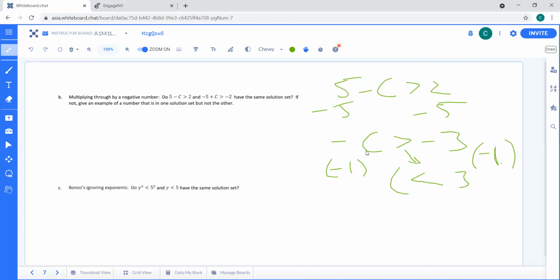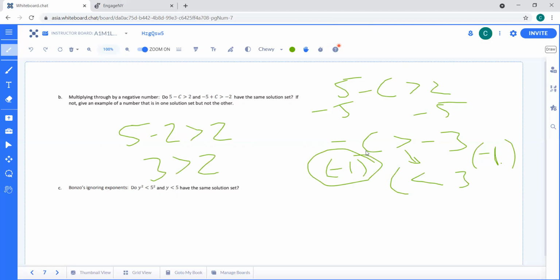Well, what about 2? 5 minus 2. Is that greater than or equal to 2? Yeah. So anytime you multiply or divide by a negative, you have to flip your inequality. Every time.